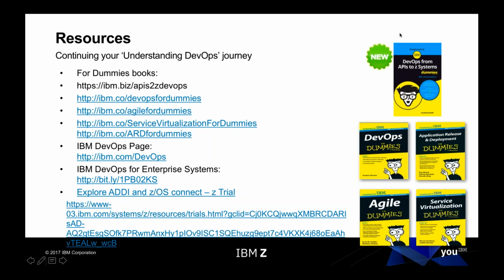Just in closing, I want to say it's very important for all of us who are doing anything related to our z/OS systems to really understand what's there and to allow our businesses to take the best advantage of those assets. And so I highly recommend you go read the DevOps for Dummies books that have been written, including the latest one, APIs to Z Systems for DevOps for Dummies.